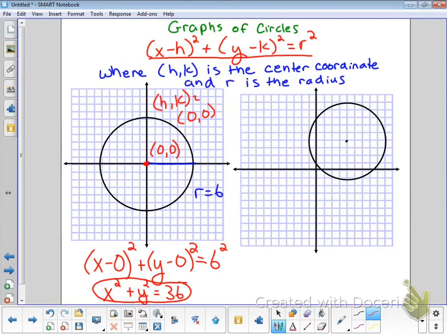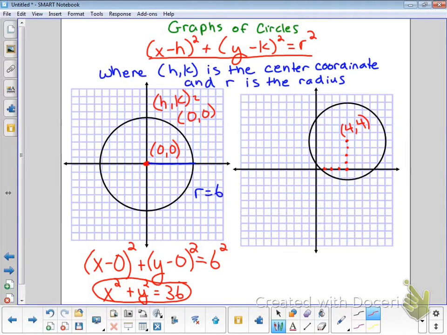Now, looking at the one on the right, you'll see that this one is different. This one, the origin is not the center. So the first thing that we need to do is figure out what the center coordinate is. So it's at 1, 2, 3, 4, right? So it's 4, comma, 1, 2, 3, 4 up. So 4, comma, 4.